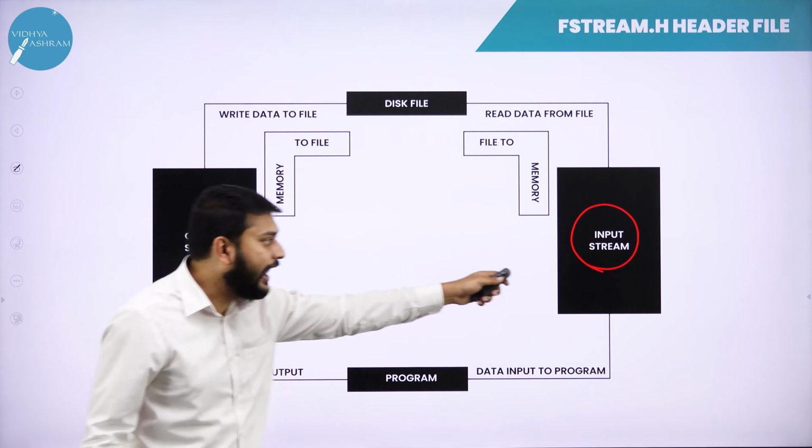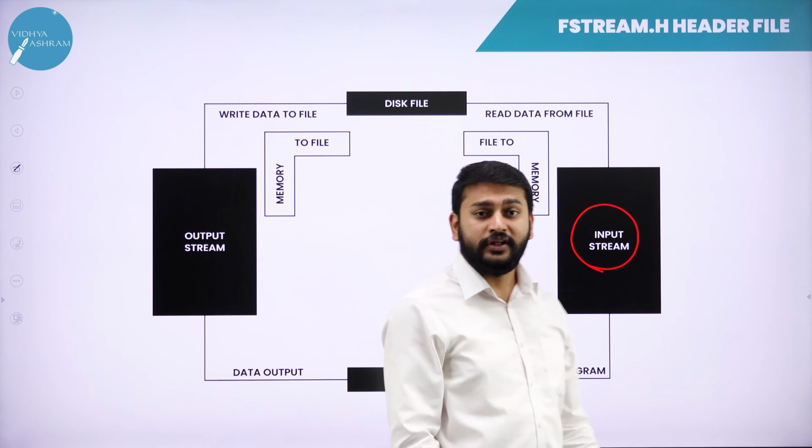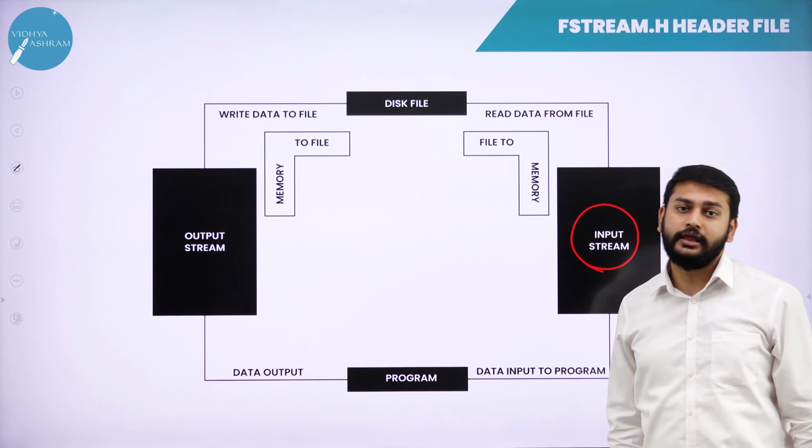From the memory, it will go to the output stream. Can you tell me this will be handled by whom? The output stream will take care of this operation, and then again the data will go back to the program.